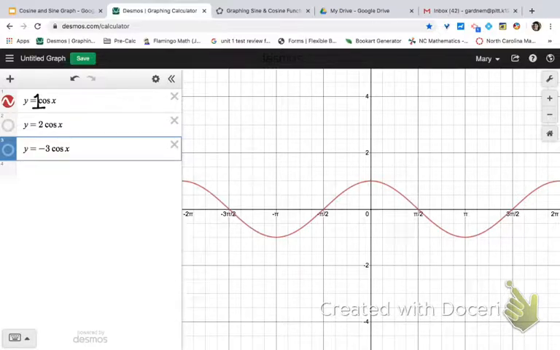The distance between the midline and the highest value is my amplitude. So the amplitude is the distance from the midline to my maximum. In this case, it's 1 unit.